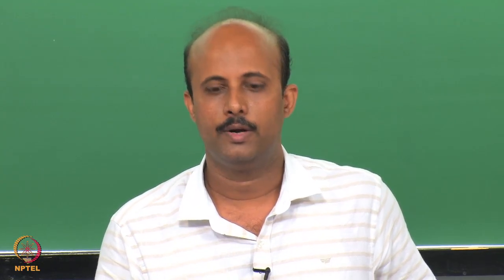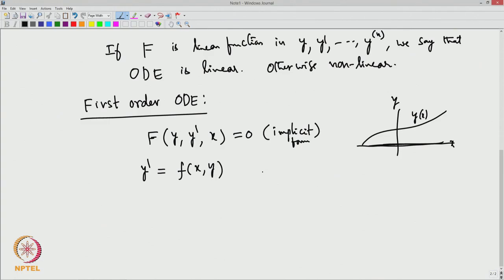You can look into the syllabus, the textbook, and the reference books to see how certain implicit equations can be solved, if you are interested. Otherwise, if you want solution methods for many equations, you want them in an explicit form like this, y dash equal to f of x, y, where f is an arbitrary function.